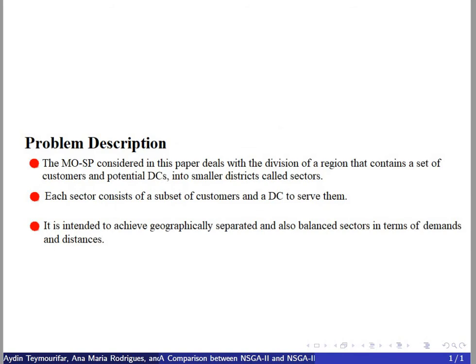The multi-objective sectorization problem of this paper deals with the division of a region that contains a set of customers and potential distribution centers into smaller districts called sectors. Each sector consists of a subset of customers and a DC to serve them. It is intended to achieve geographically separated and also balanced sectors in terms of demands and distances.